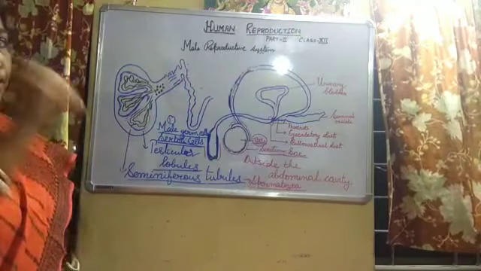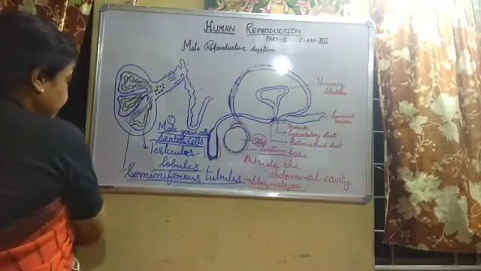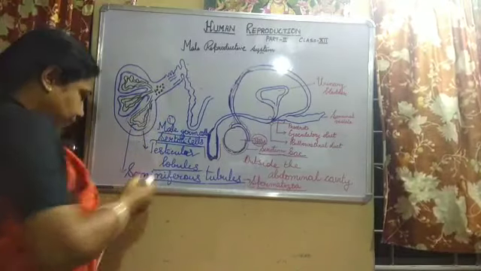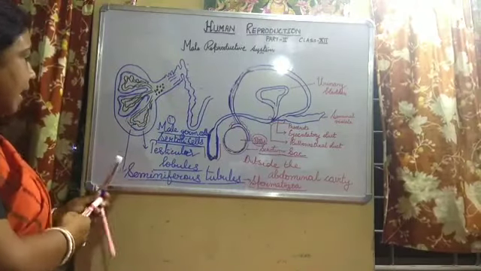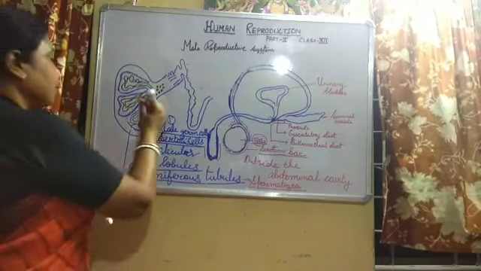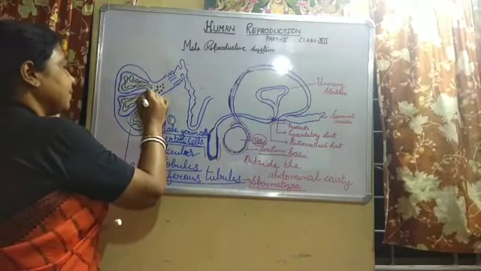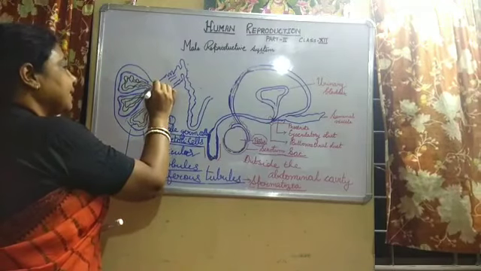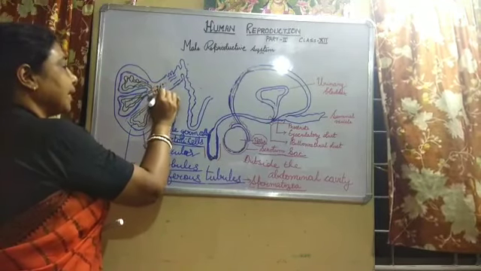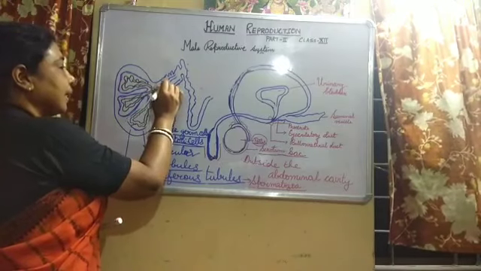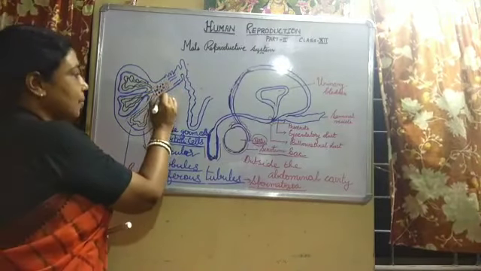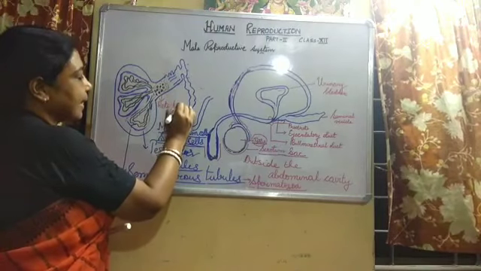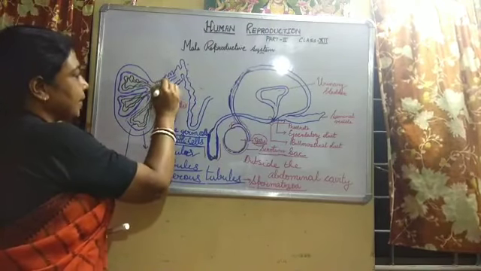Now, next, what is going to happen? See children, the spermatozoa, after production in the seminiferous tubules, get collected in this region, known as rete testis.